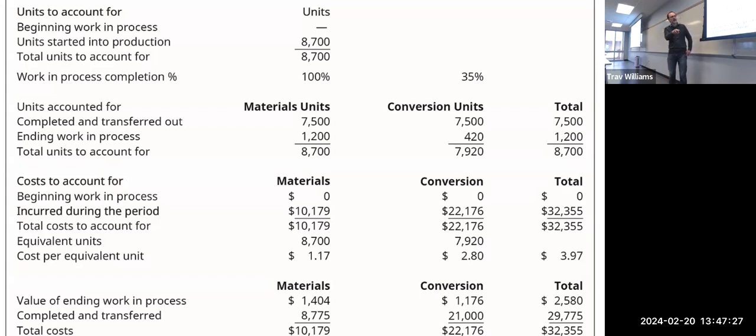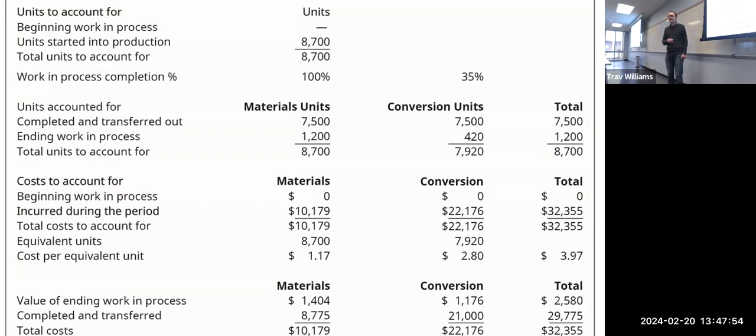So in this case, that's why that's left blank, because we just don't even need that information in there. In some cases, in the exercise set and problem set, you'll see this 8,700 or whatever the equivalent units is under materials, you'll see it also under total. And so you might make the mistake of dividing to get your total cost, but that would give you the wrong answer. So don't do that.